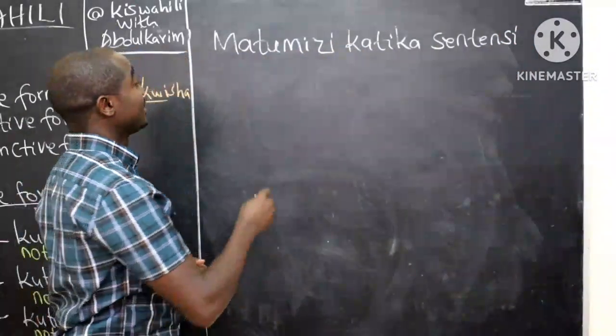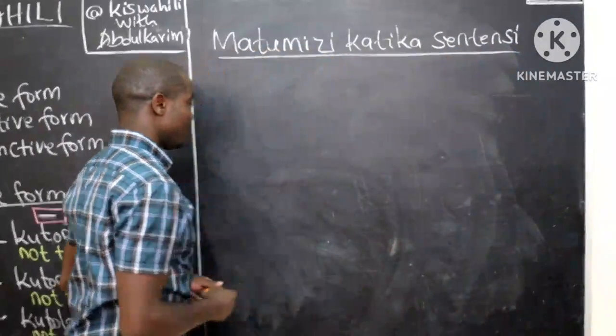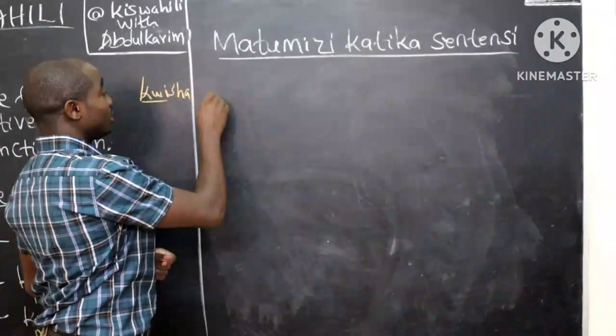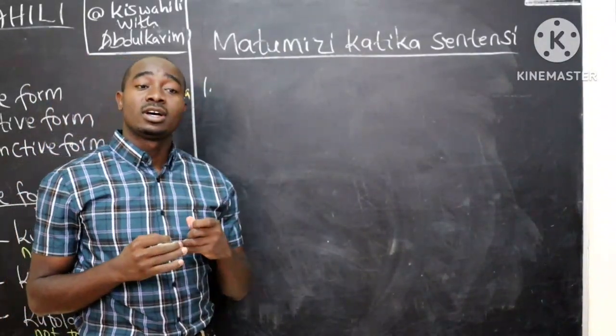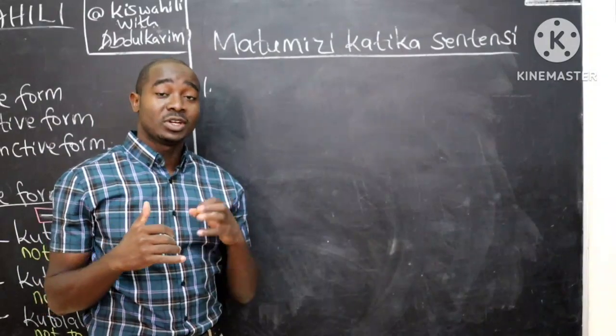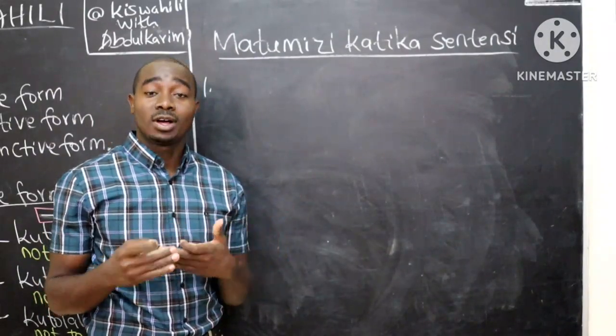Tutapiga mstari hapo. Sawa. Moja. So we start first with, as I have mentioned a little bit, the verb noun or the nominal verb.